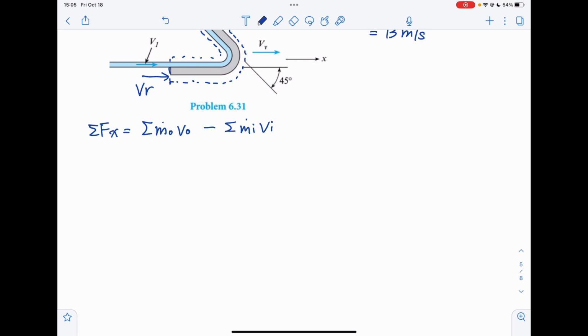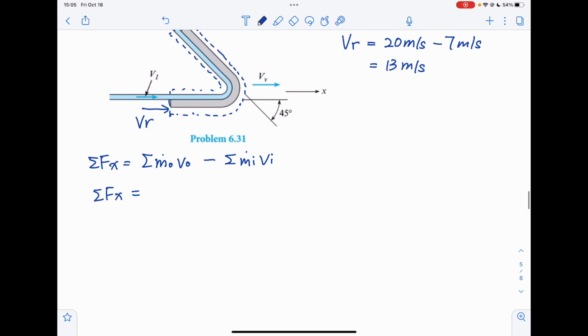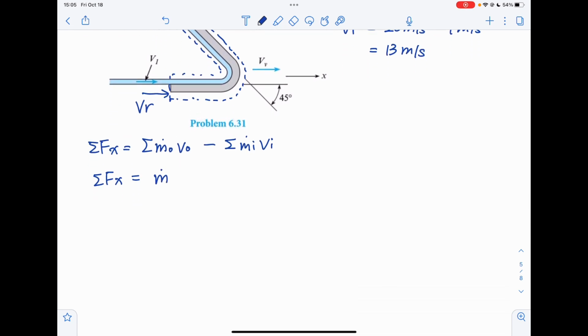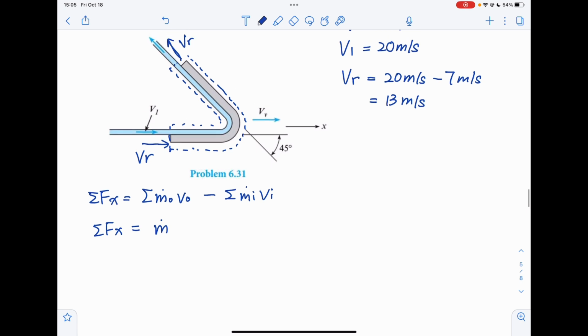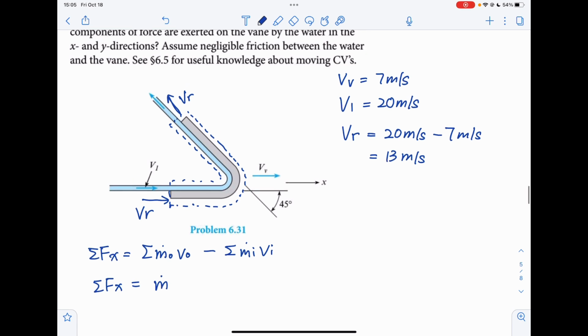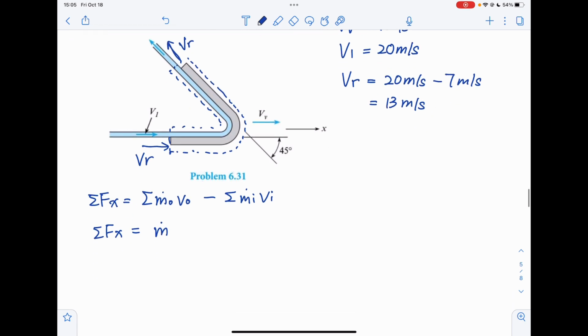We need to keep the signs correct. Because we have only one m dot, I'm going to use m dot here. M dot times the moving out mass flux is negative VR times cosine 45 degrees, and we have the VR coming in, which is minus m dot VR.